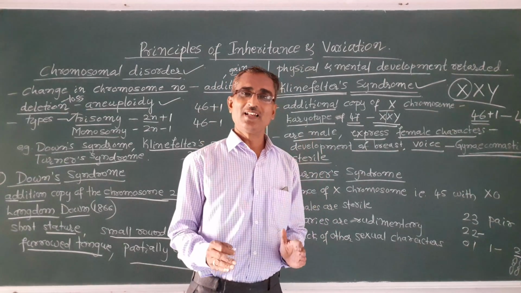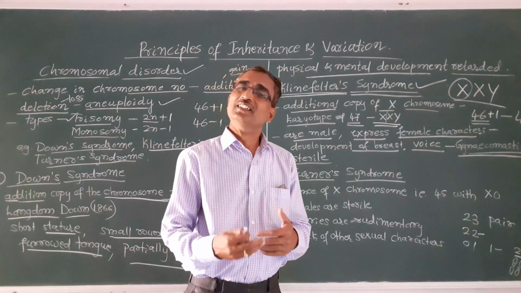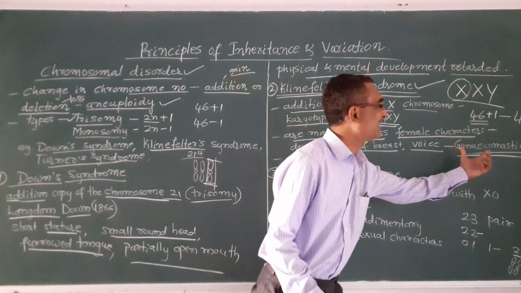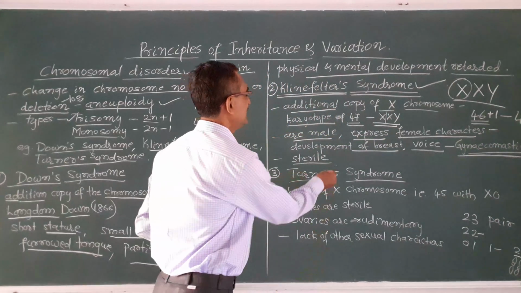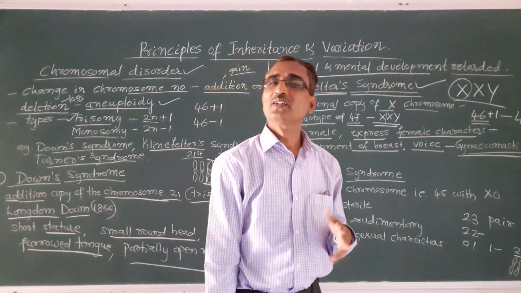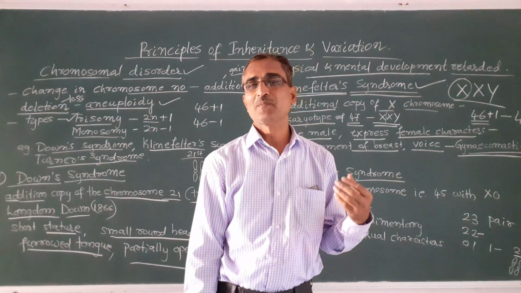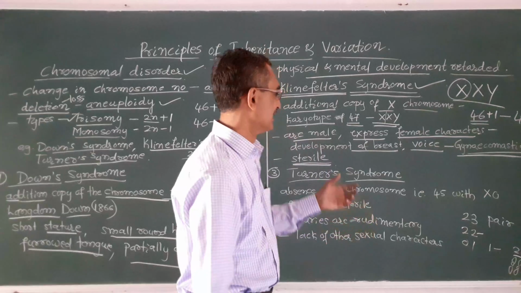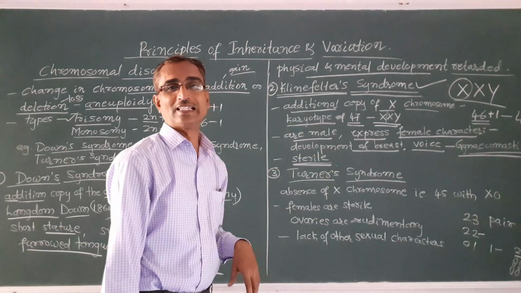Though they are male, they express the female characters, and this is called gynecomastia. These individuals are sterile. Sterile means they won't produce any offspring; they are not able to give birth to a child. So that is about Klinefelter's syndrome.